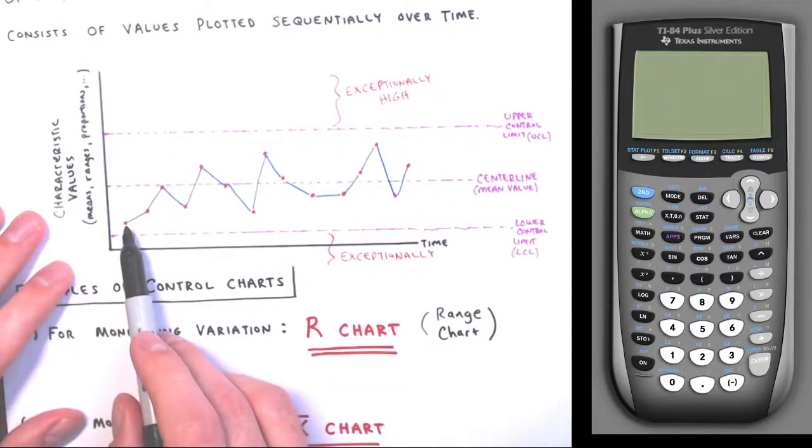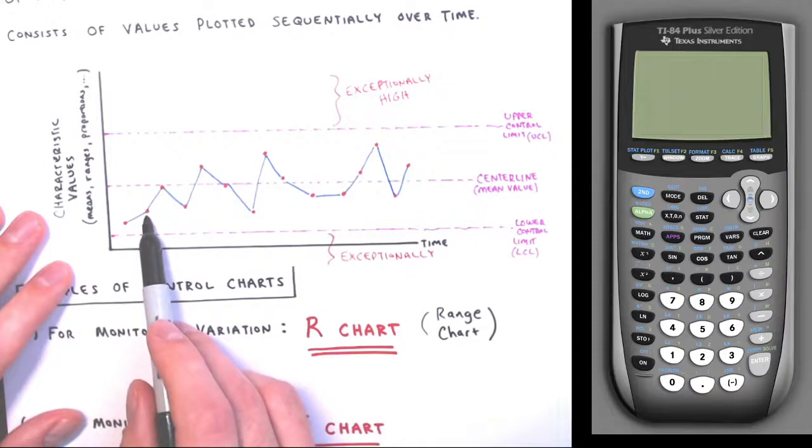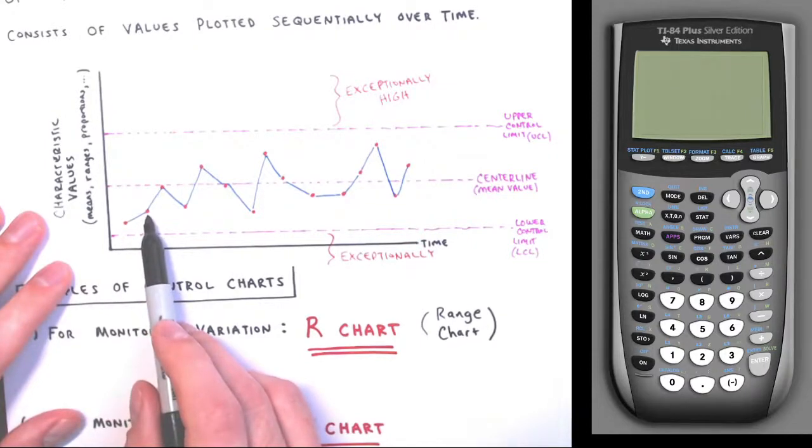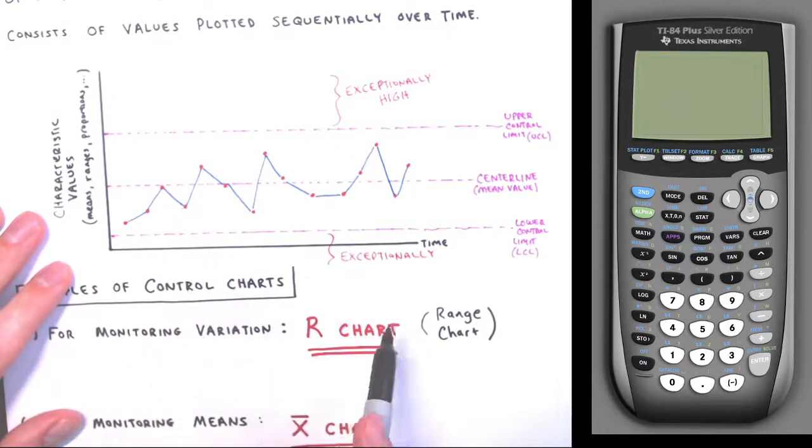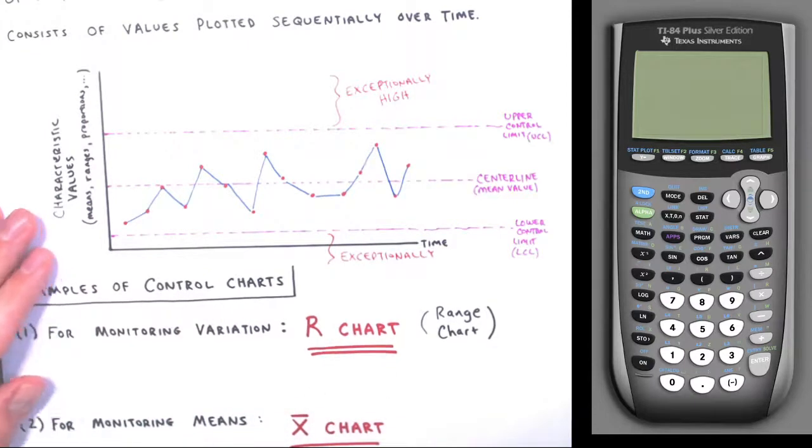And I simply record that range, and that's it, right? So this one dot represents 20 bottles, the range of 20 bottles. Then I do the same thing for the second day. I take another 20 bottles and find their range and record that. And then the third day, take another 20 bottles, find their range and record that, and so on. That would be an R chart. Right? We're monitoring the range, we're monitoring the variation in the data.